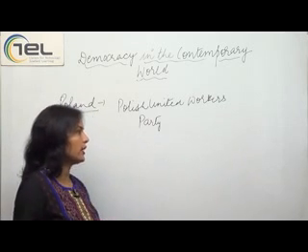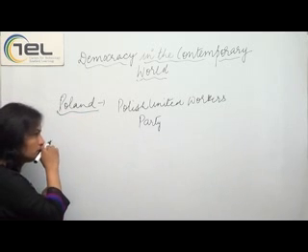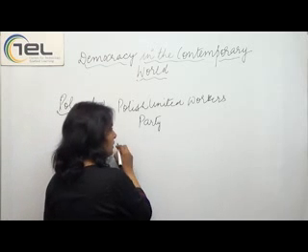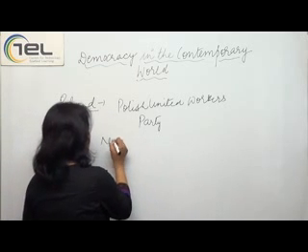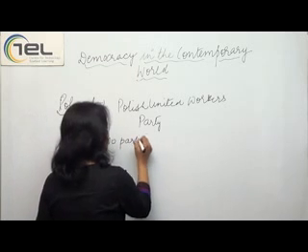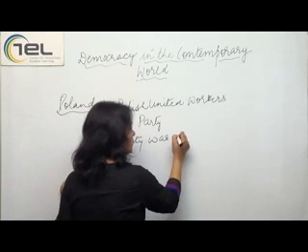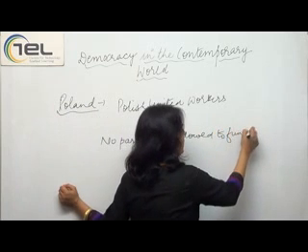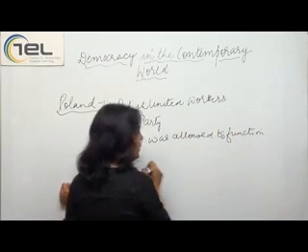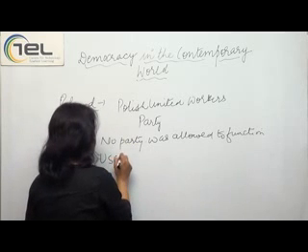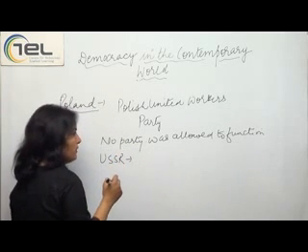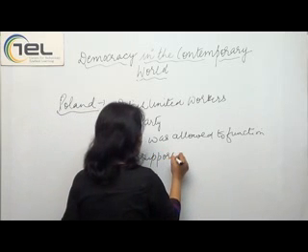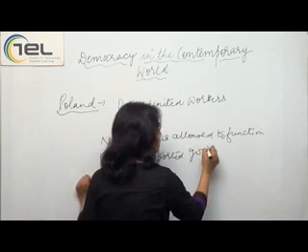So this was the scenario there. No other party was allowed to function, and they had the backing of the USSR. At that time the USSR was a big communist country, so they supported the government of Poland.